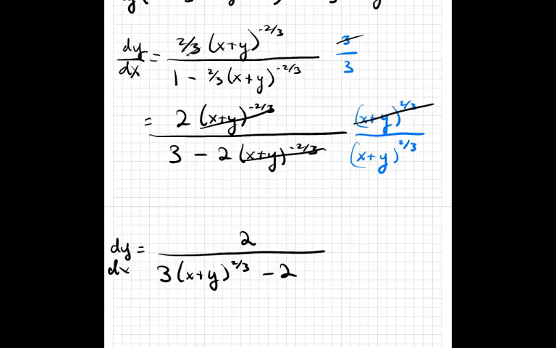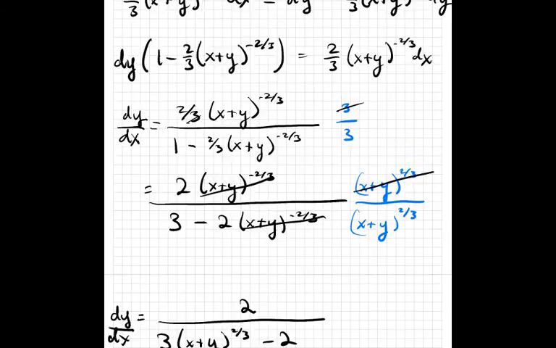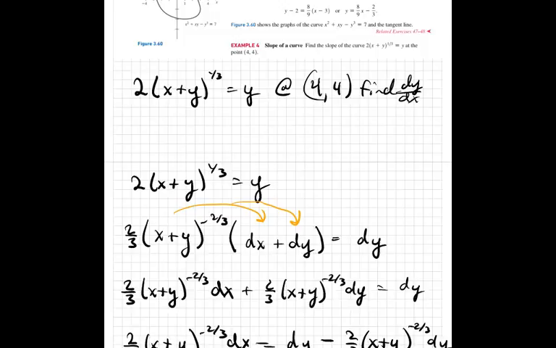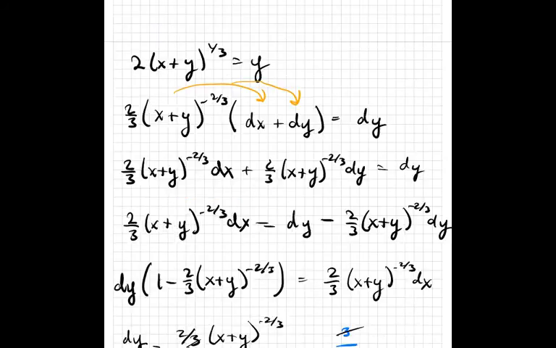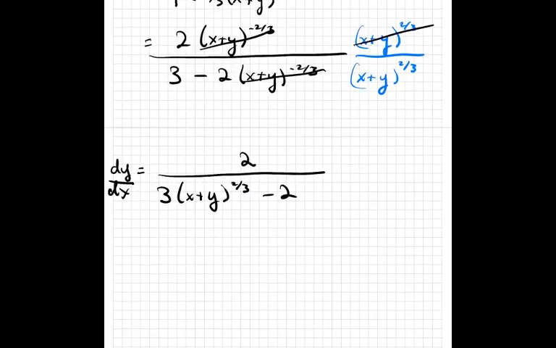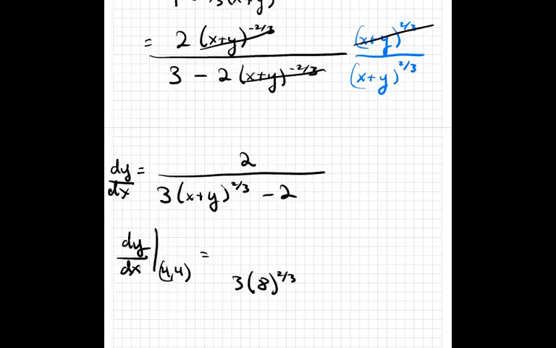Let's go back and answer the question. At the point 4 comma 4, all right, I'm going to stand with this answer. So then we're going to find dy by dx at the point 4 comma 4. When x is 4, y is 4. So then what we're going to get is 3 times 8 to the power of 2/3 minus 2 under 2.